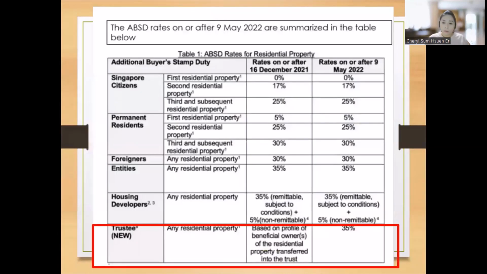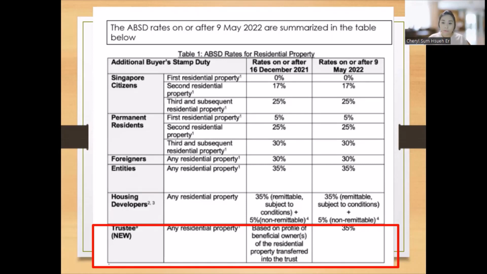Now, on 9th May 2022, IRAS, Inland Revenue Authority of Singapore, has announced a new framework which is newly imposed on trusts. Before 9 May, the ABSD payable on a trust is basically based on the profile of the beneficiary owners.